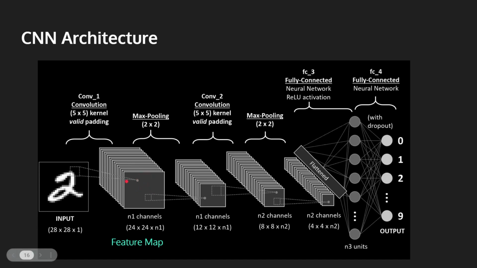Feature maps are basically the output of one filter applied to the previous layer. So we applied convolution here to our input, and then we get this feature map. So I'm just giving you some definitions, and I will explain what each of these are later on. So this is just a general overview, you can say.